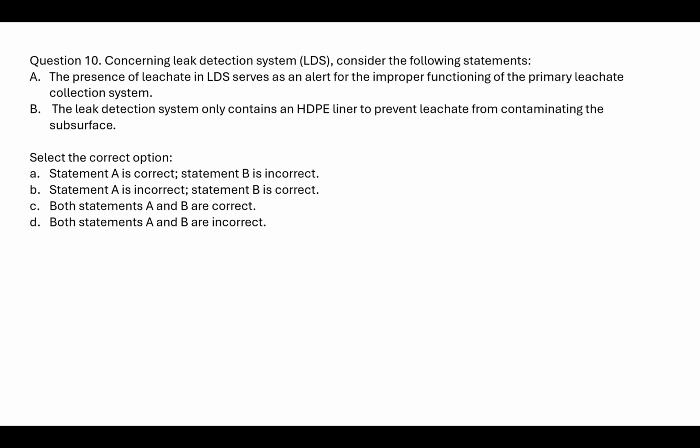The flux due to diffusion is given as porosity times diffusion coefficient into dC by dx. We have been given porosity. We will have to find the diffusion coefficient, and the concentration gradient dC by dx is also given.